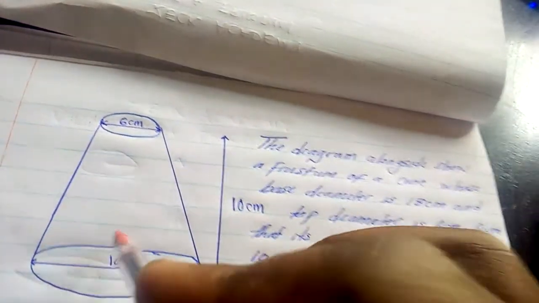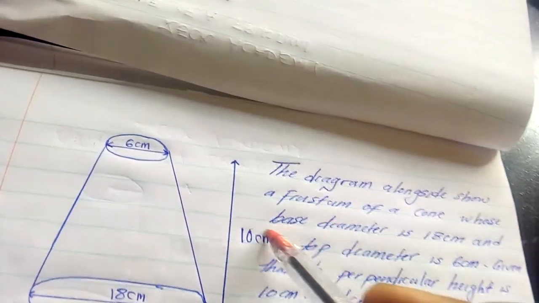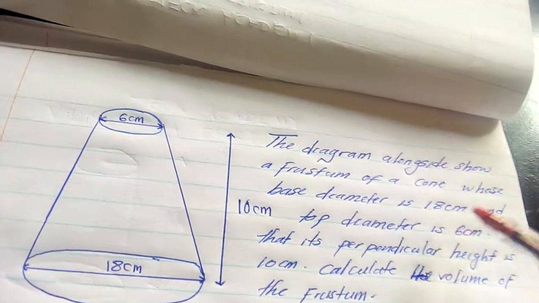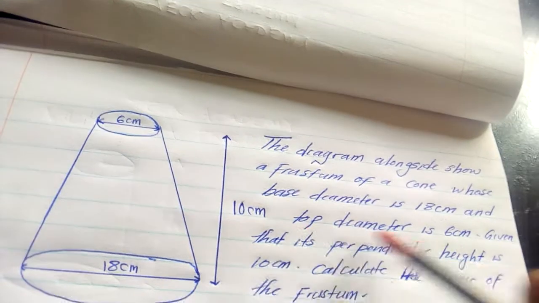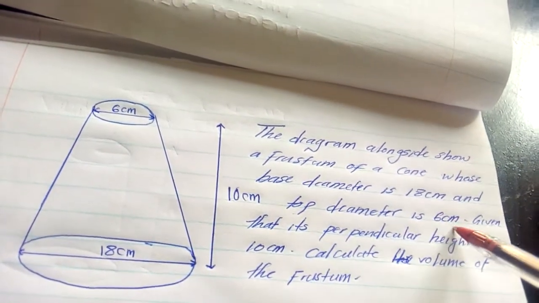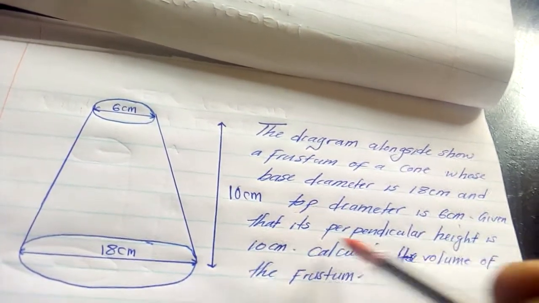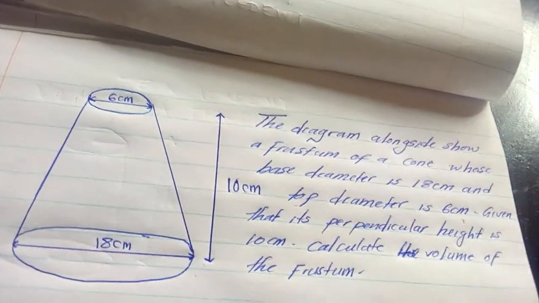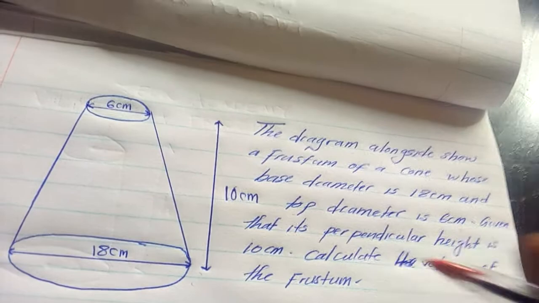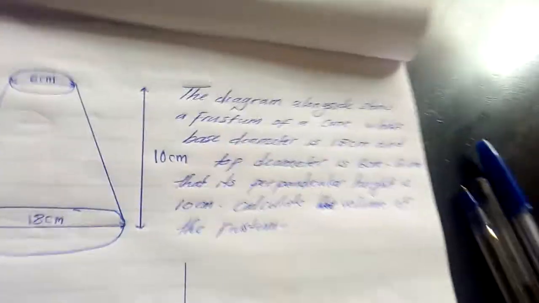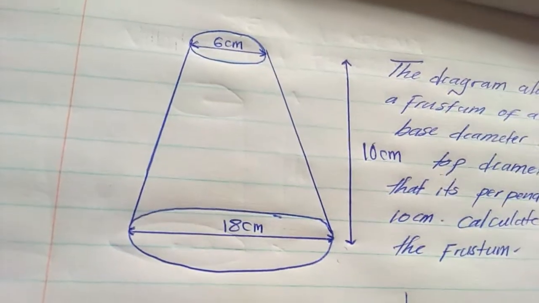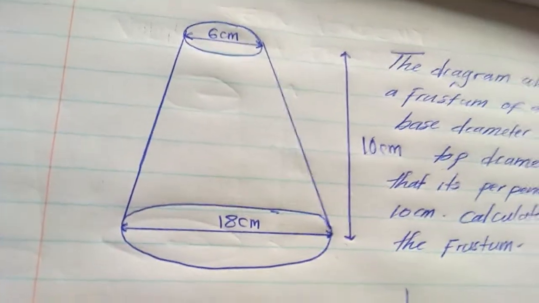It has a base diameter of 18 centimeters and a top diameter of 6 centimeters, given that its perpendicular height, the height of the frustum, is 10 centimeters. The question is demanding us to calculate the volume of the frustum. Before we do that, we need to collect the variables given.